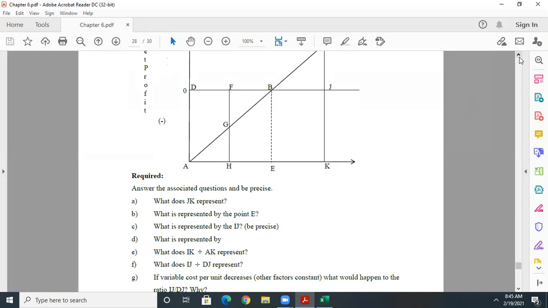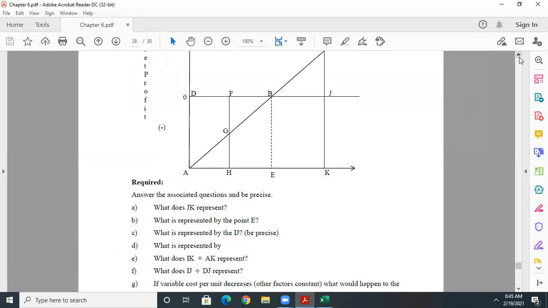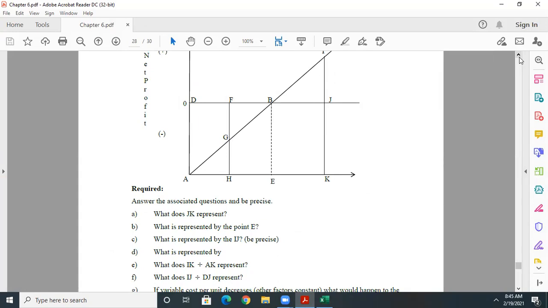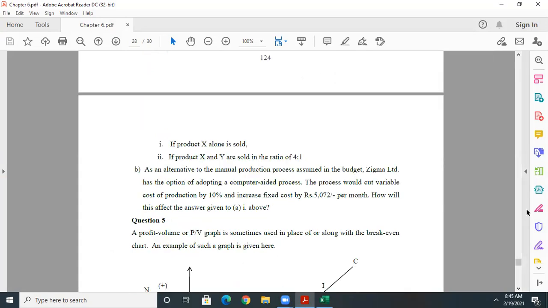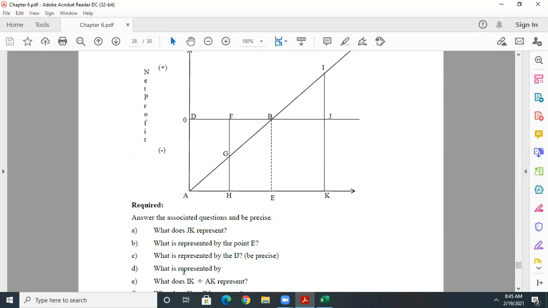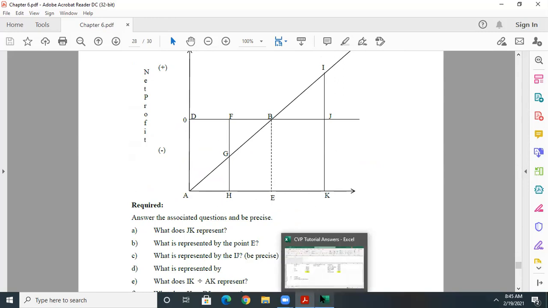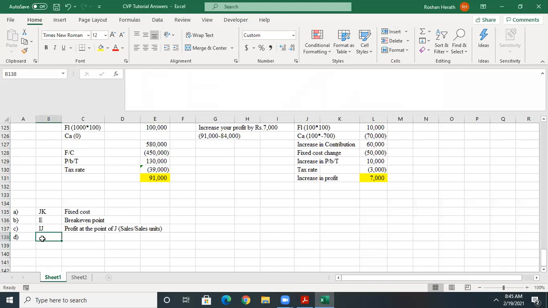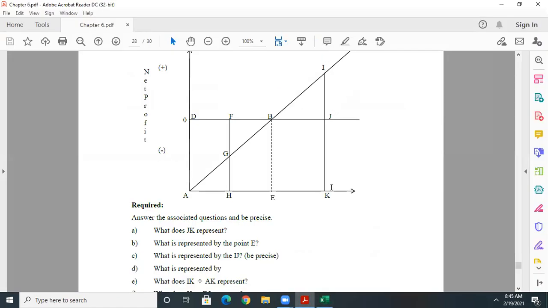Or let's make a question for that. Let's say, what is represented by IK? What is represented by IK? Yes, come up with that. What about IK?